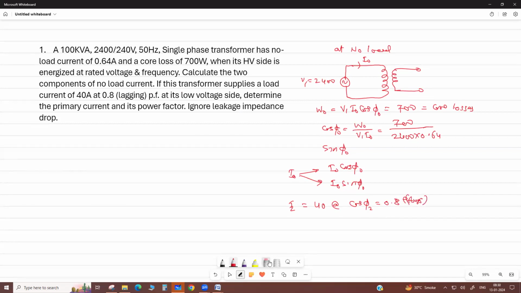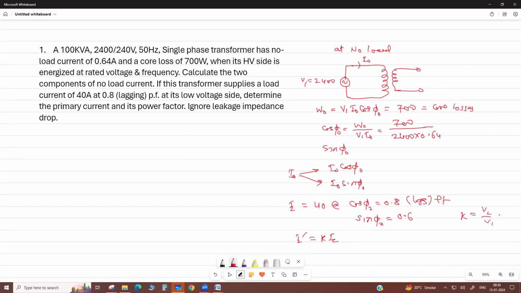मैं just brief कर रहा हूँ. लेगिंग पावर फैक्टर। देन हम साइन फाई टू निकाल लेंगे, वो 0.6 होगा। अभी ये I2 है तो I2 dash you can calculate by turn ratio K I2. ओके, KI2 10 आएगा, ये देखो V2 by V1. What is the K?